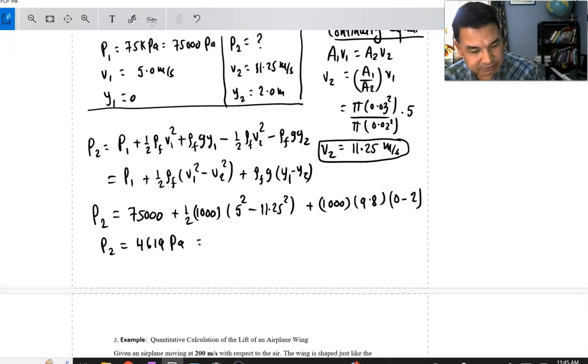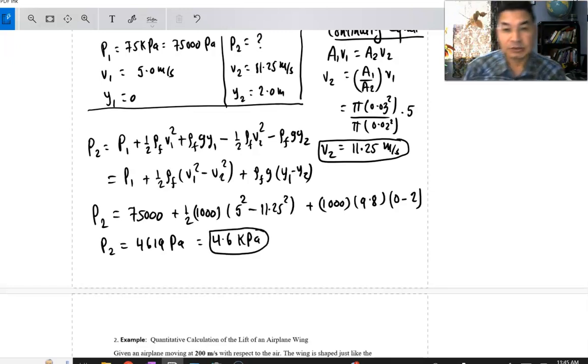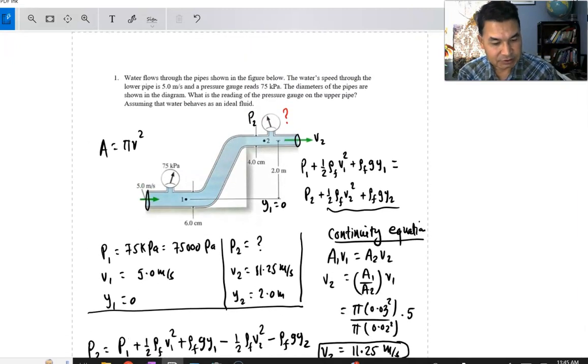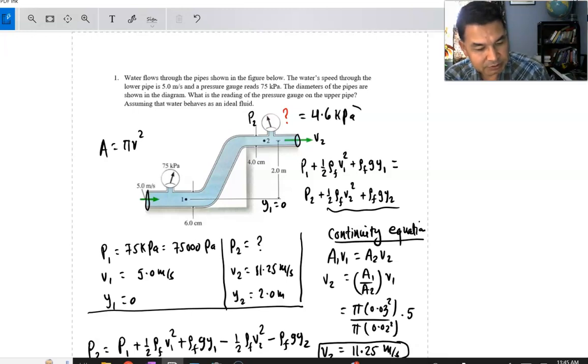You can say this is about 4.6 kilopascals, in two significant figures. So the pressure gauge attached to the upper section of the pipe will read about 4.6 kilopascals of water pressure.